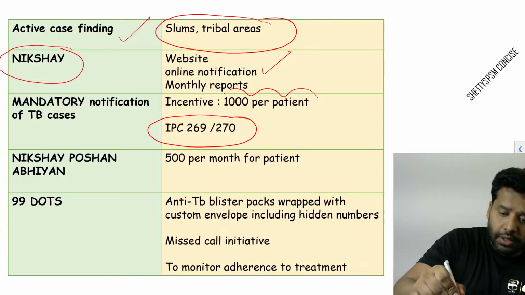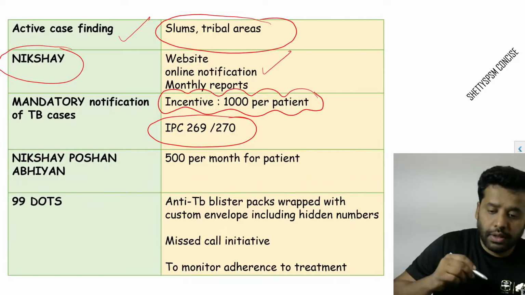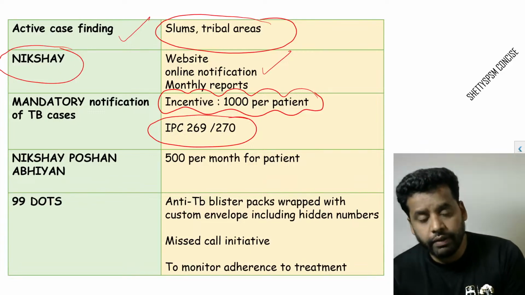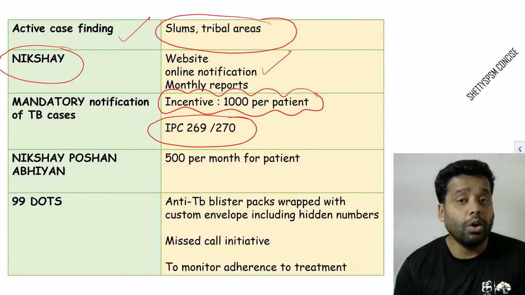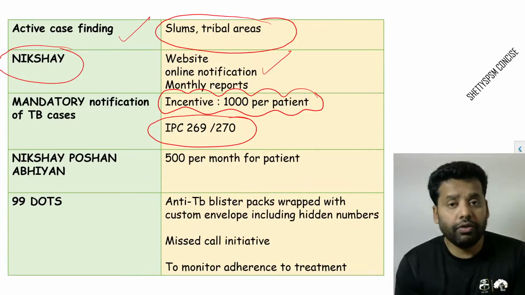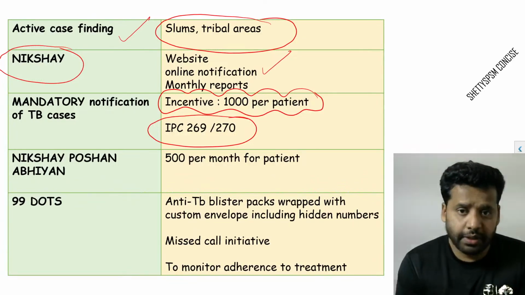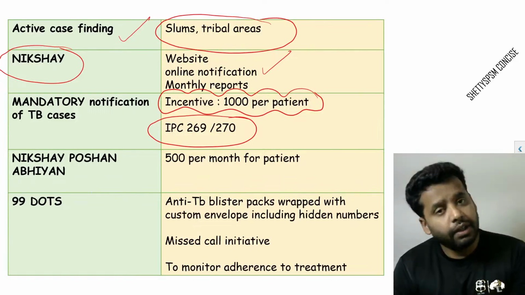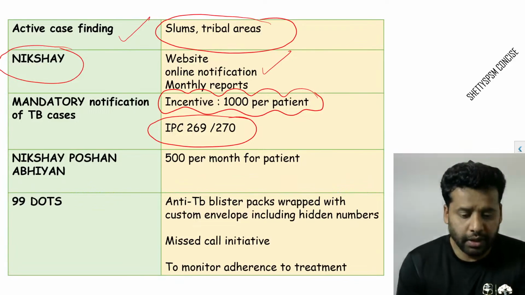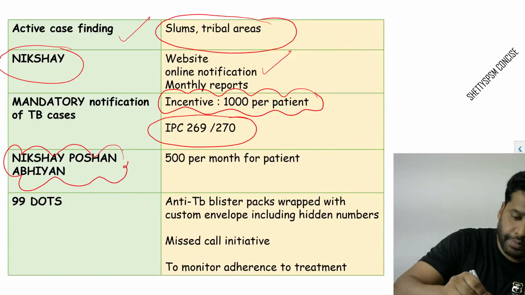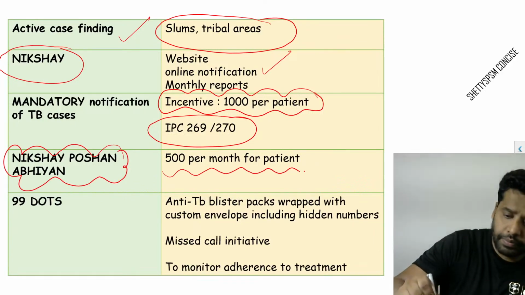For notification, the doctors will get 1000 rupees per patient. We divide it like this: 500 on notification, 500 for outcome declaration. At a time you cannot give 1000 rupees. Patient will get 500 per month during treatment.